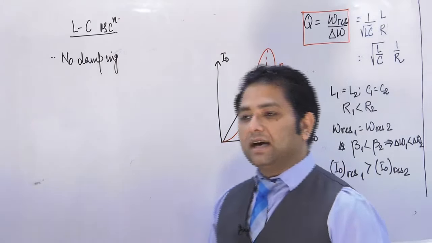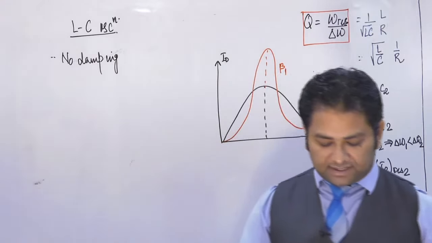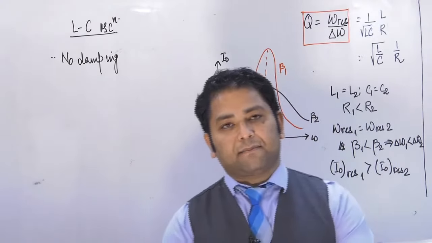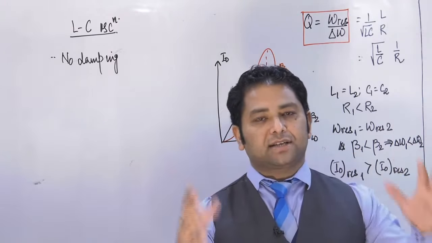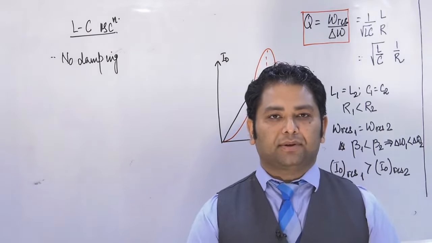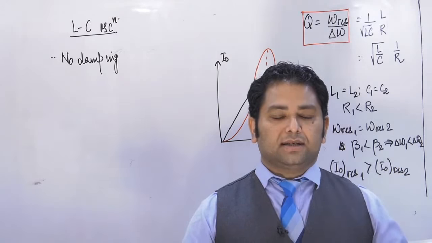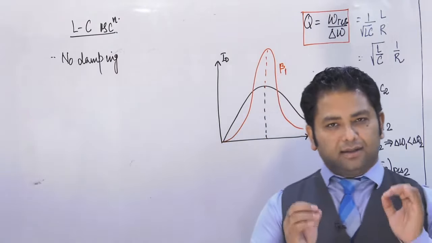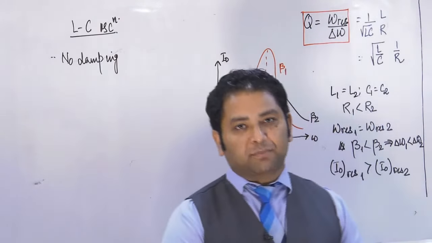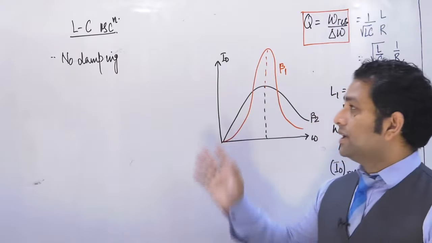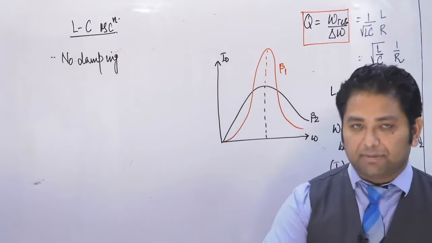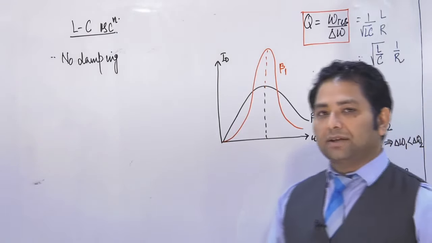That is the ideal world. There would be no resistance. But in practice, no matter how good a conducting wire you keep, a little bit of damping would always be present. But here, let's talk about the theoretical part. So there would be no damping at all.